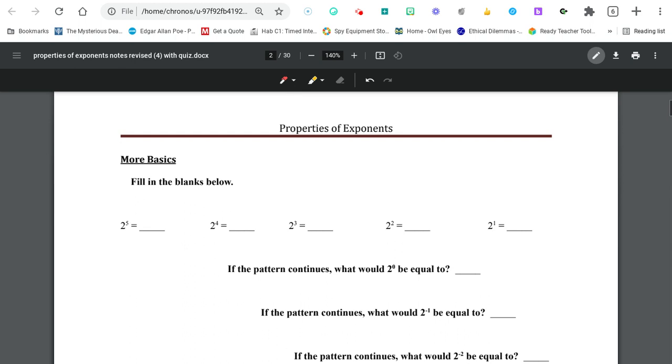All right, let's talk about the power of 0 rule. And a negative power rule.